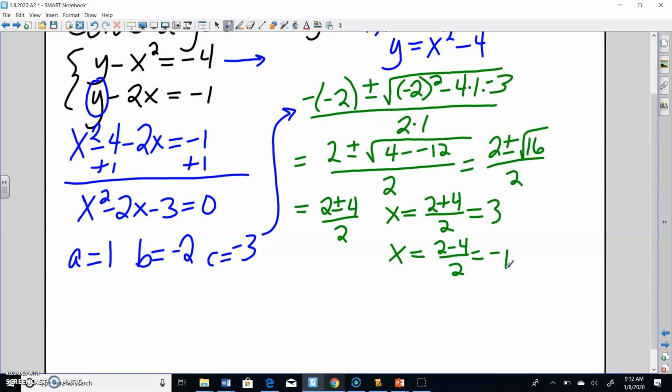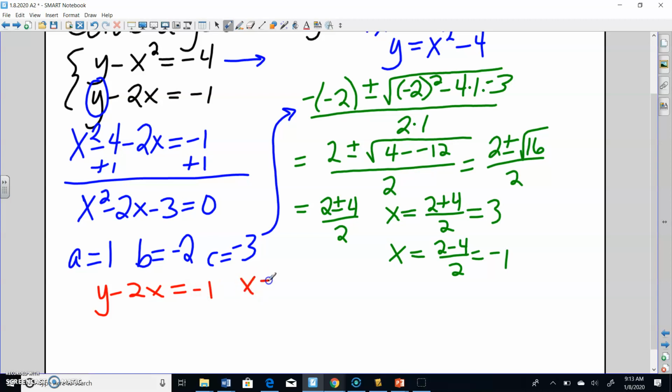Okay, awesome. So we have x, but our system is in 2 variables, x and y. So we need to find y now. I'm going to use the second equation to help me find y. So my second equation is y minus 2x equals a negative 1.